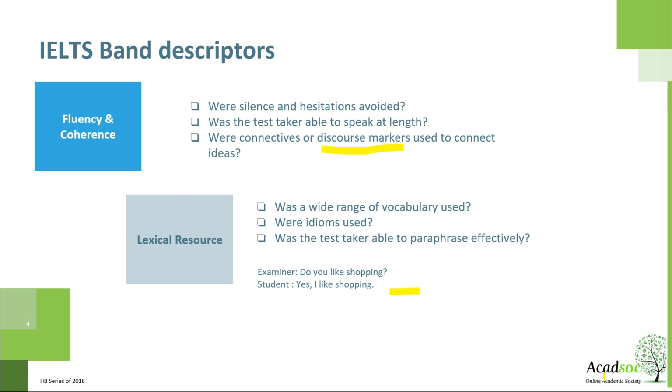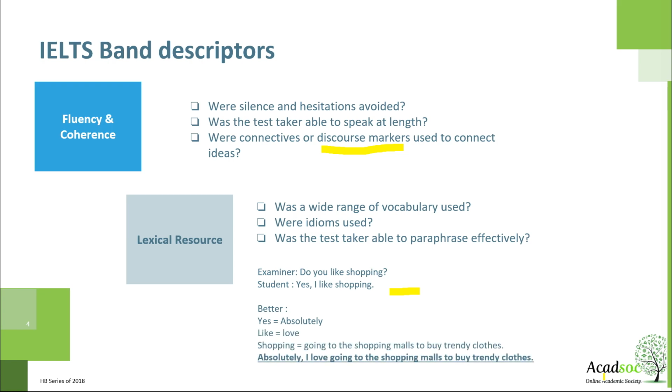To make it better, let's have another word for yes. Absolutely. Love. So we can say, absolutely, I love going to the shopping malls to buy trendy clothes. Now that response would have a higher score for lexical.